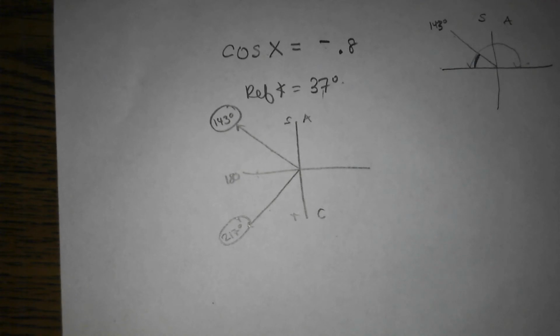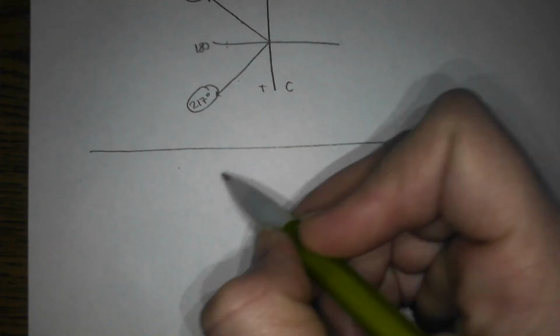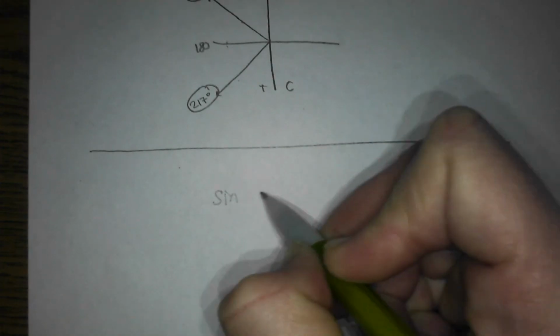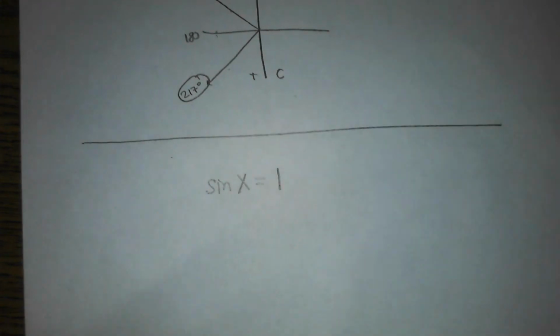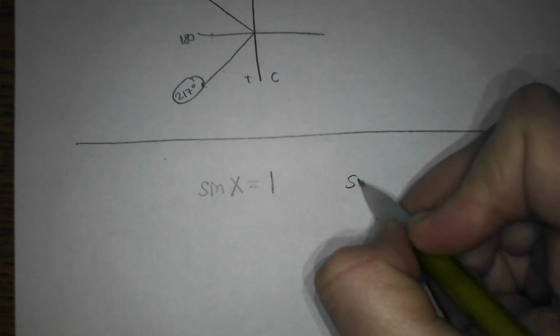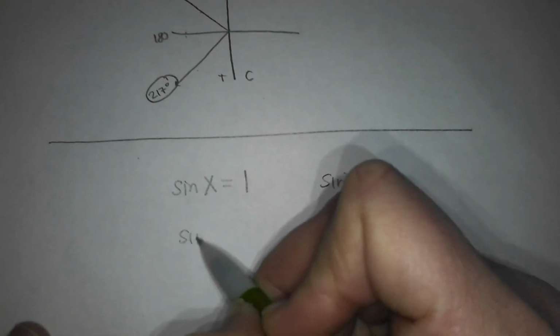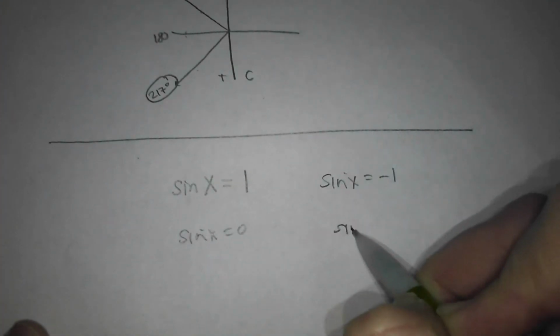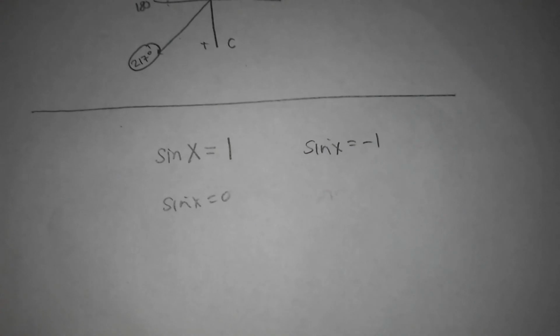Okie doke. The other ones that I think are tricky, and for a different reason, are anytime your sine of x equals 1, let's say, or if your sine of x equals negative 1, or if your sine of x equals 0. And same with cosine of x, but we'll just focus on the sine of x.